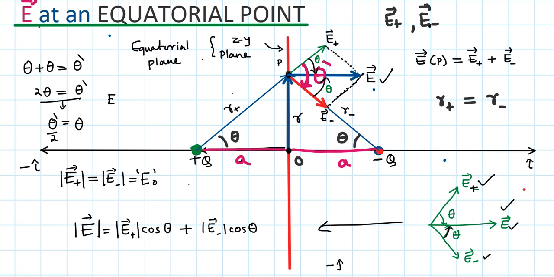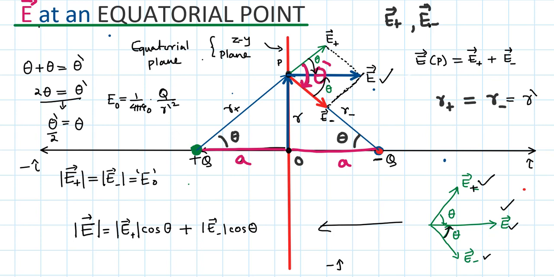Taking either one of the charges, E0 will look like 1 by 4 pi epsilon 0, and you can call R plus and R minus some R prime, because they are the same. So E0 will be 1 by 4 pi epsilon 0 times Q divided by R prime squared.